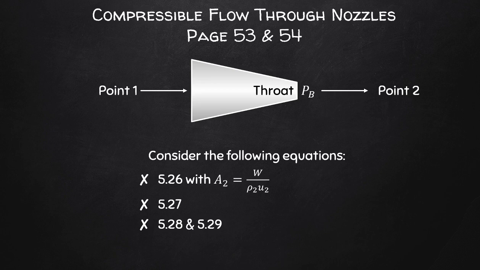Now, during subsonic flow conditions, P2 can sometimes equal the back pressure PB, which is not a very high pressure. So Mach number tends to be maybe 0.3 to 0.7.